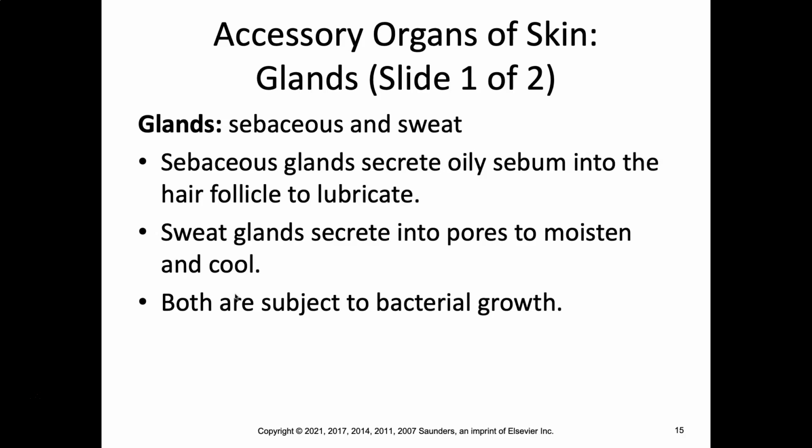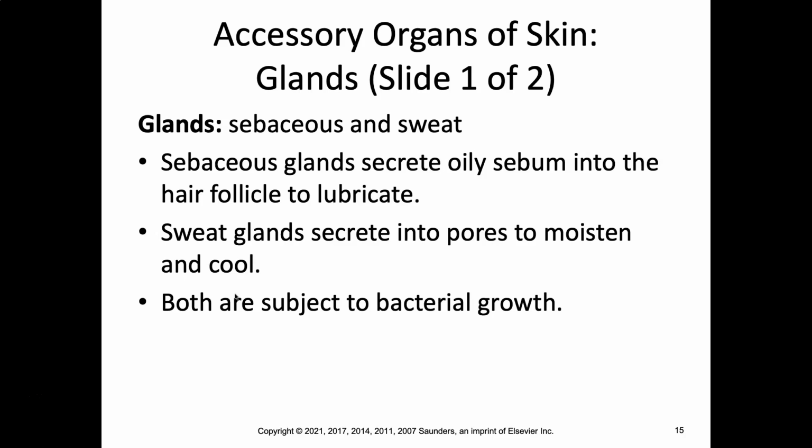So let's start with your sebaceous glands. These secrete an oily substance called sebum into the hair follicle, ideally to lubricate it so that it's not too dry. Then you also have sweat glands, and these secrete into pores to moisten and cool the skin. You actually have two types of sweat glands.